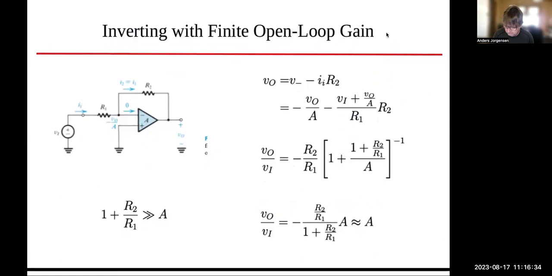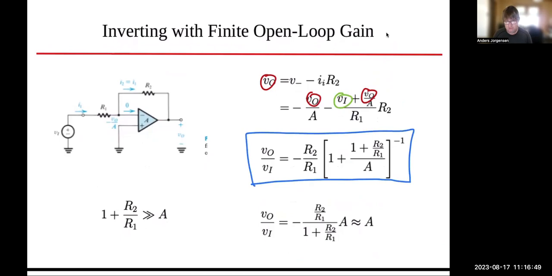Here's that same equation. I have VO here, and here, and here, and I have VI here, and I rearrange that equation to get the equation down below here. Okay, now this equation has two pieces. It has the piece minus R2 over R1, which is the ratio that you're familiar with.